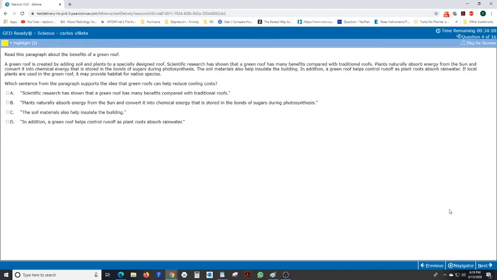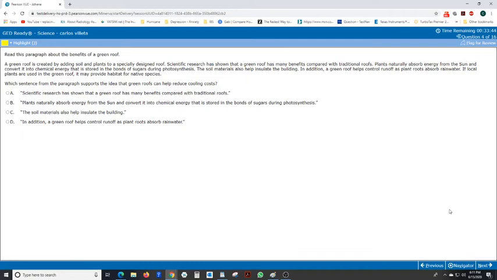So look at this. Which sentence from the paragraph supports the idea that green roofs can reduce cooling costs? Okay, guys, it's talking about cooling costs. So all the stuff that we read here in that passage, which of these actually refers to cooling, something that helps cool the home or cool the structure?